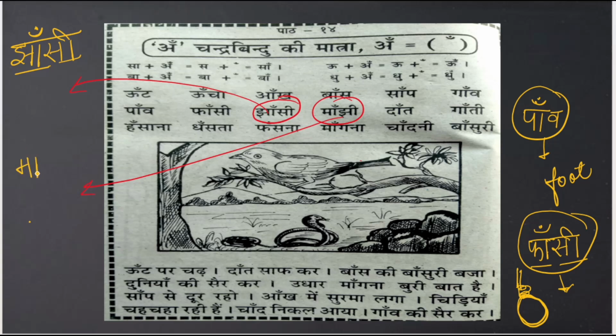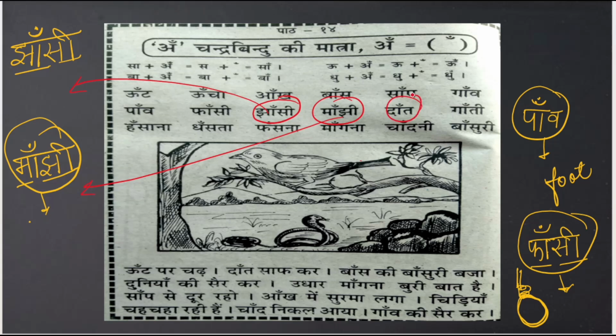This is ma, this is the matra of a, and this is ja, this is the matra of badi e. It became maji, but due to this matra of Chandrabindu, it became manjhi. It means boatman, one who rows a boat.